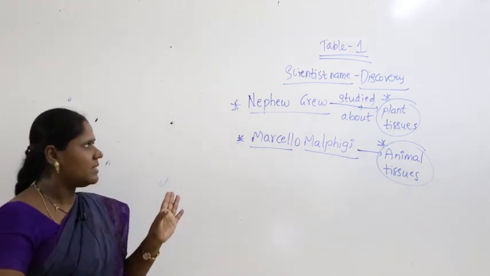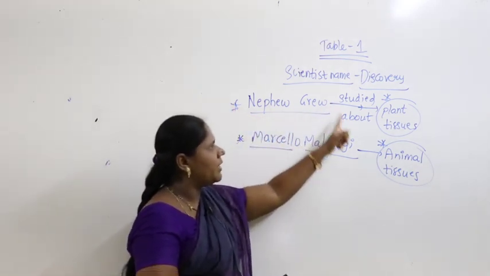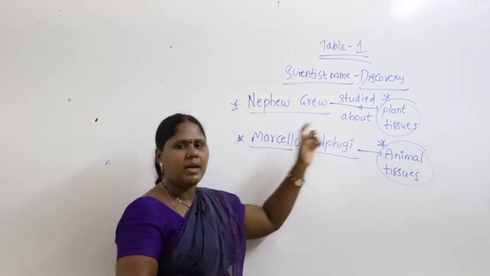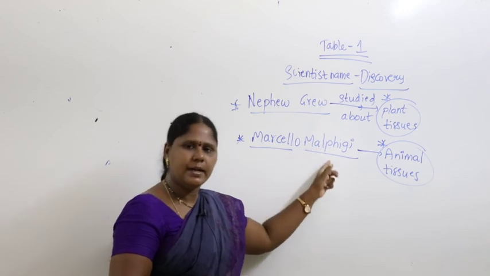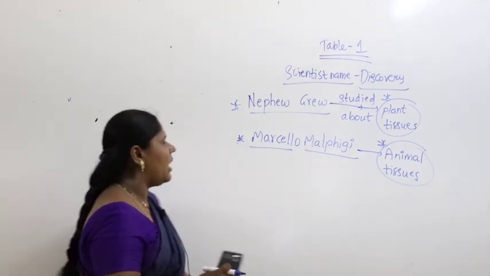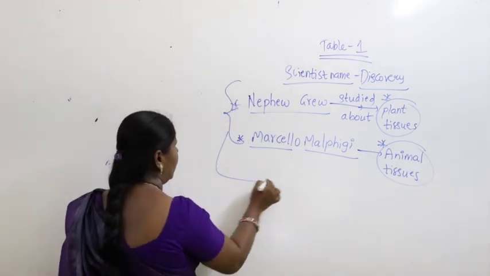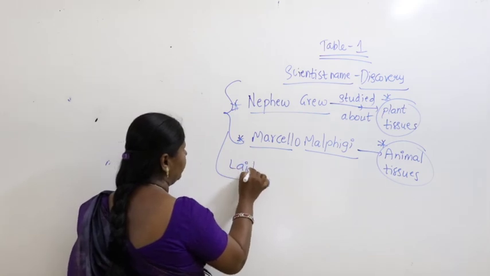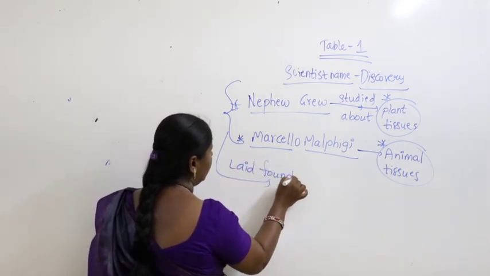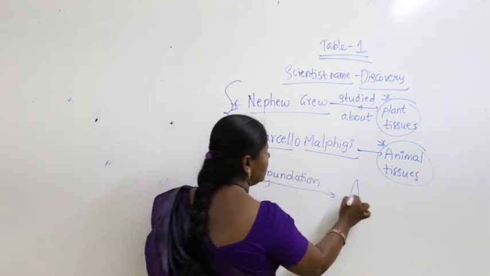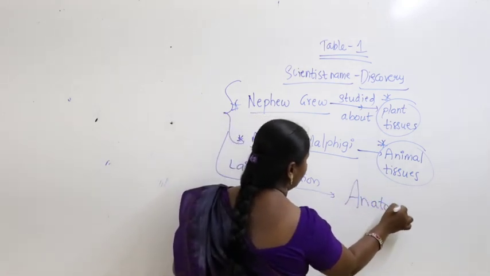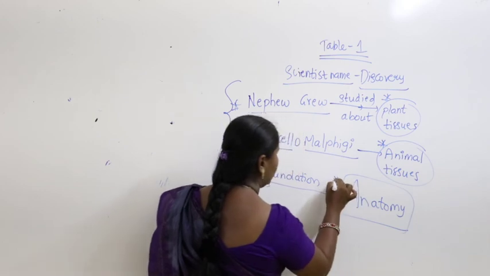Look here once again. Nehemiah Grew studied plant tissues, and another scientist, Marcello Malpighi, studied animal tissues. These two scientists laid the foundation for the branch of science called anatomy. What is anatomy?